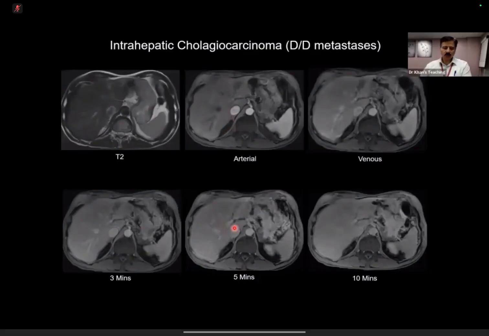If you concentrate here, this is the portal vein or the hepatic vein, and you look at the enhancement inside the lesion, it is not equal to that. It is less than that. And look here, it is not equal to this. So these are the discriminators between intrahepatic cholangiocarcinoma versus hemangioma.